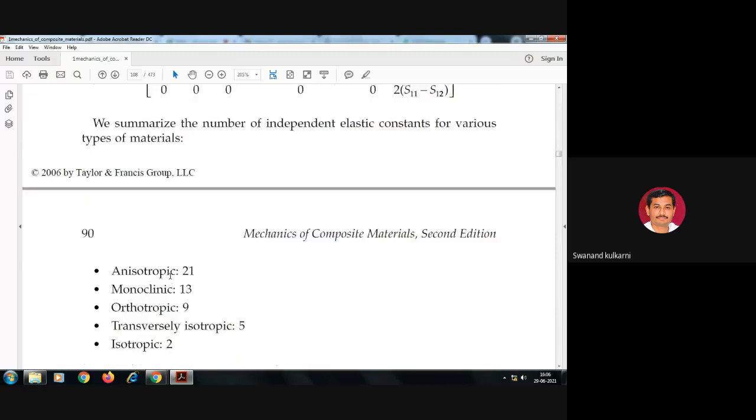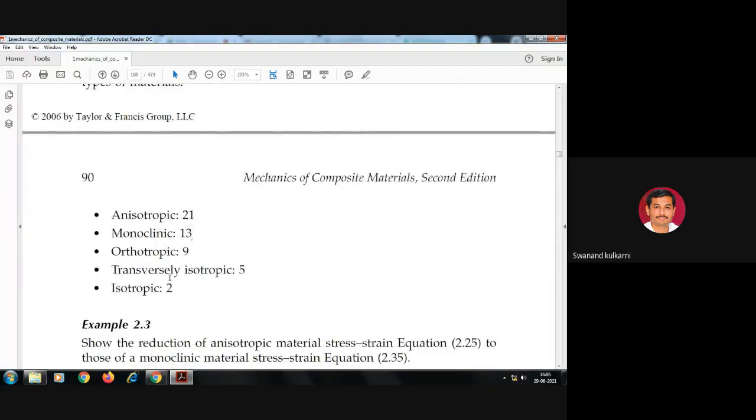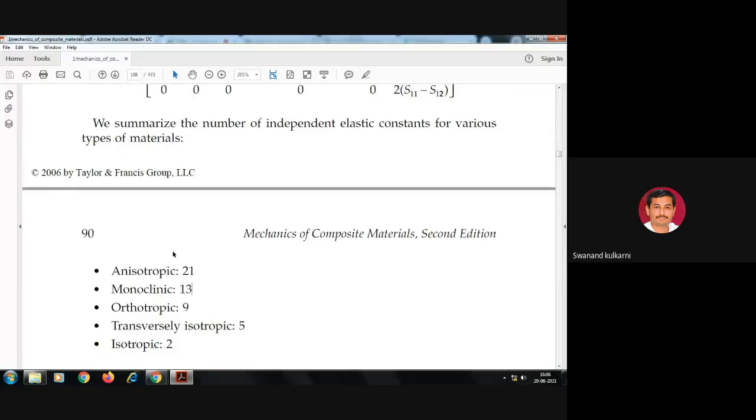So in this case we have resolved from anisotropic and non-homogeneous to anisotropic, homogeneous, monoclinic, homogeneous, orthotropic, homogeneous. First of all, 36 parameters are required. That 36 represents anisotropy and non-homogeneous material. If non-homogeneity is removed, then only anisotropy remains.